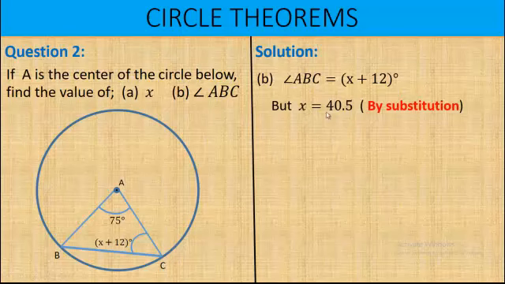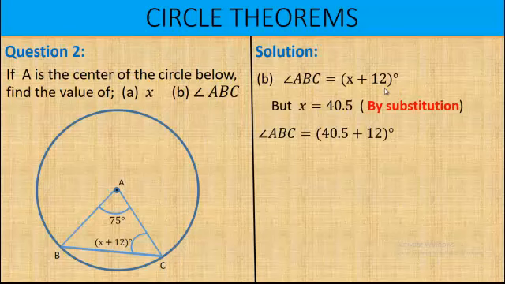But we know that s is 40.5, so we have to substitute 40.5 into s plus 12, so that wherever we see s, we put in 40.5.